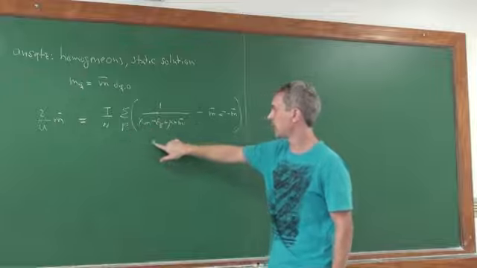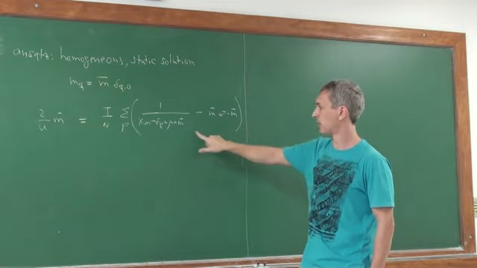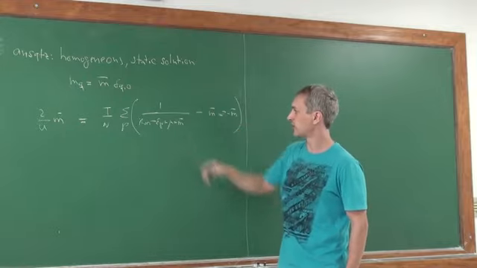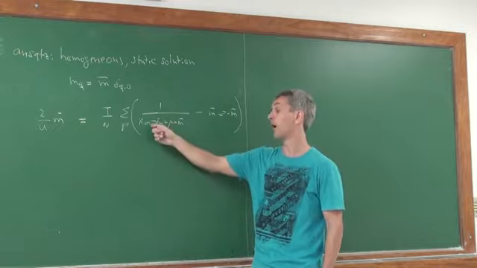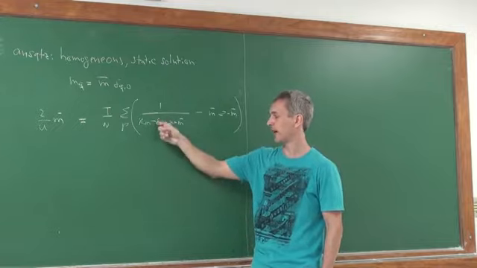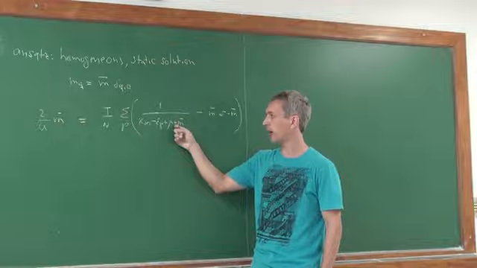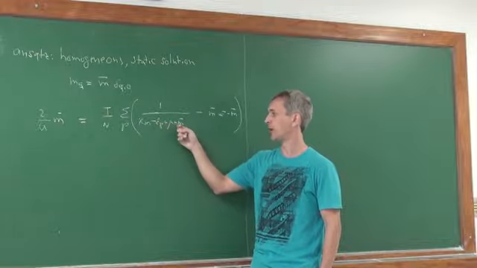So what we can do is just do the sum over Matsubara frequencies. What we integrate is a function which has two poles. One is at epsilon p minus mu minus M bar, and the other pole is at epsilon p minus mu plus M bar.